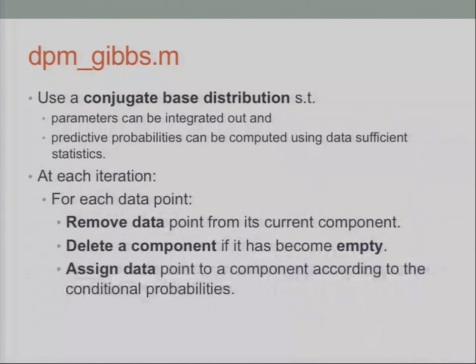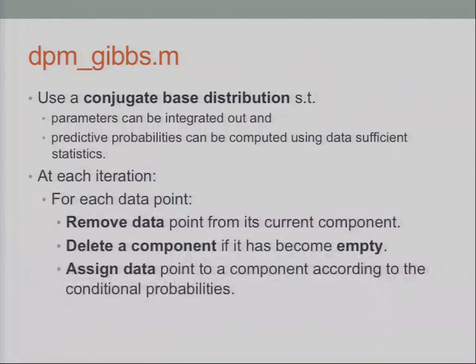And when you start sampling, you remove the single data point from its current component. And if that component has become empty, so if that data point that you removed from the component was the only one that was assigned to it, you delete that component from the representation because nobody owns it anymore.